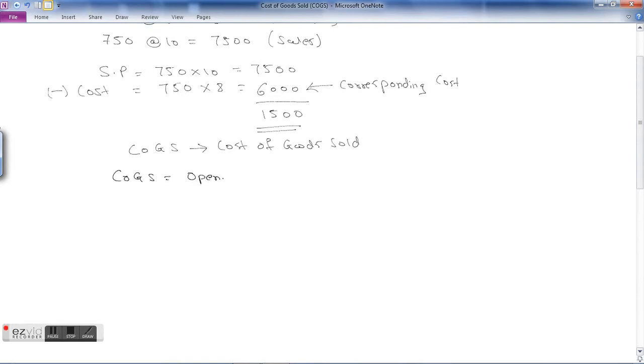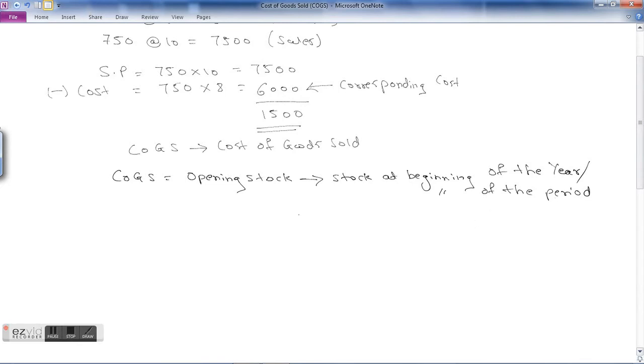Opening stock is the stock at the beginning of the year, or it may also be at the beginning of the period which has been considered. For example, if you want to know the profit of 6 months, then stock at the beginning of the 6 months becomes your opening stock.